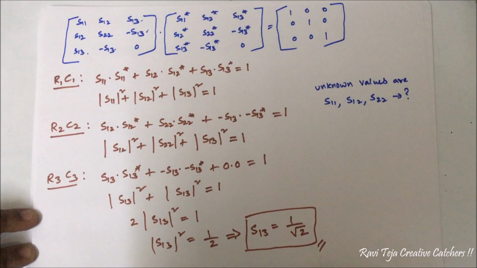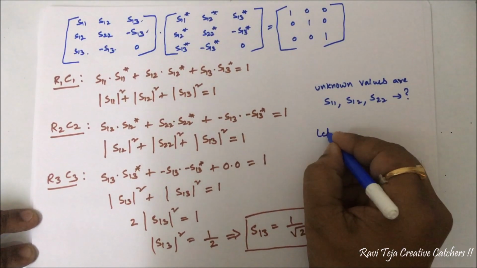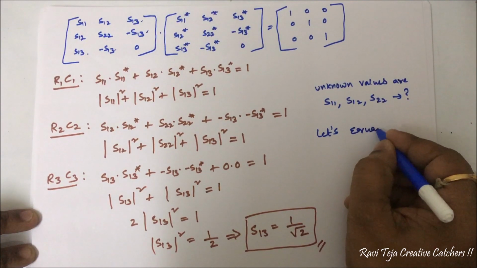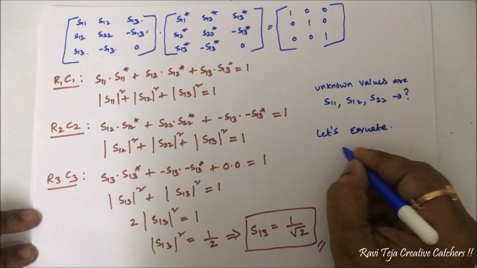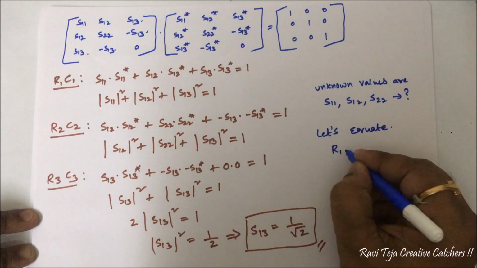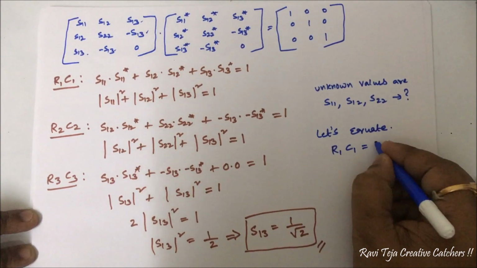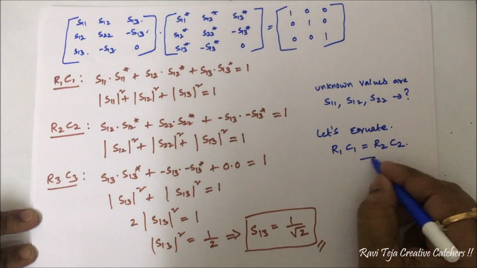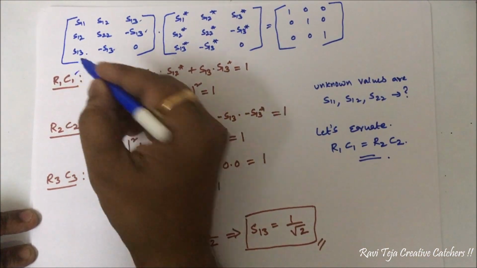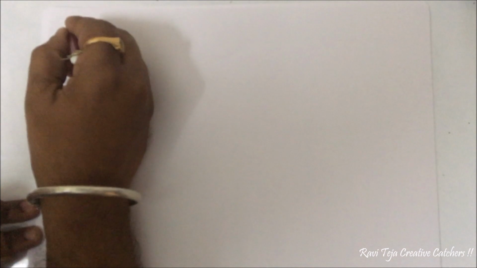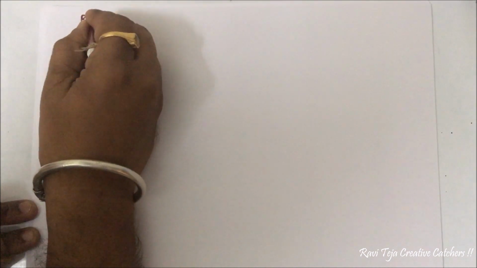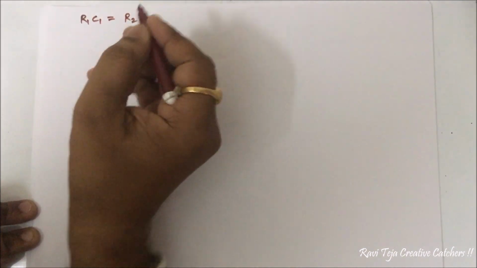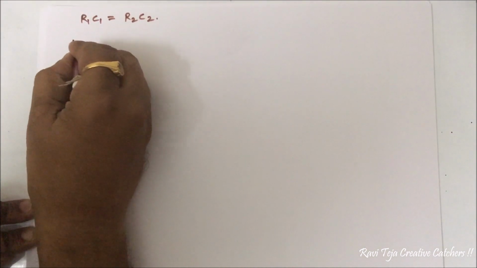Okay. So, let us equate R1 C1 and R2 C2. So, R1 C1 is equal to R2 C2. What is R1 C1?